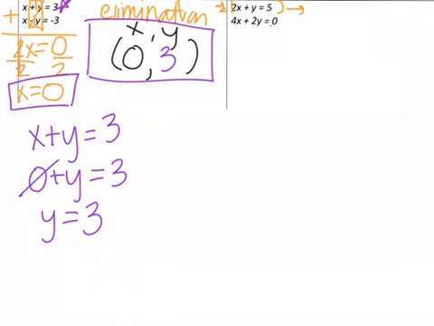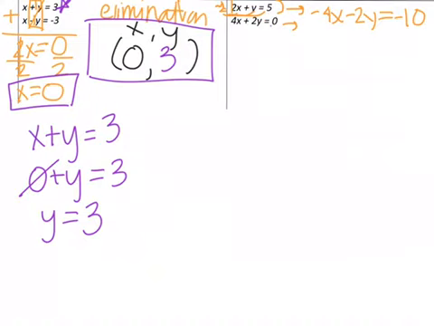So I'm going to rewrite my equation. And so negative 2 is going to be distributed to all three parts of my equation. So I have negative 4x minus 2y, because y times negative 2 is negative 2y, equals negative 10.